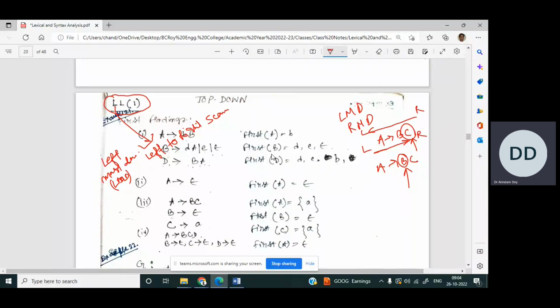In the very first, if I have a grammar and I am going through the grammar from left to right, this is called left to right scan. So the first L that I have shown here is called left to right scan.